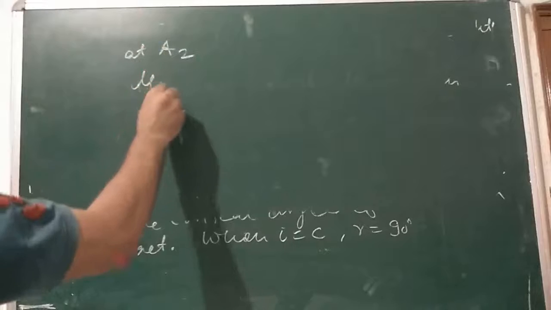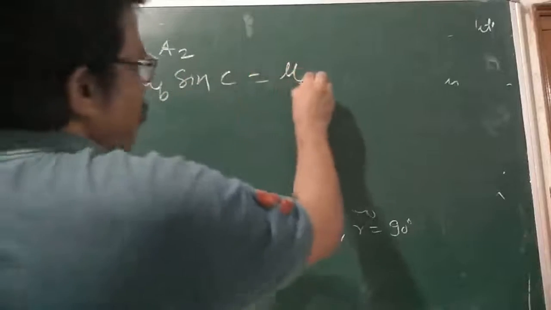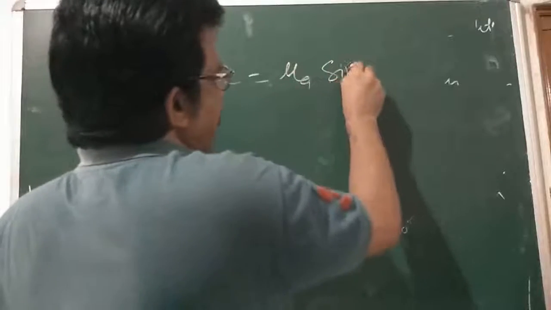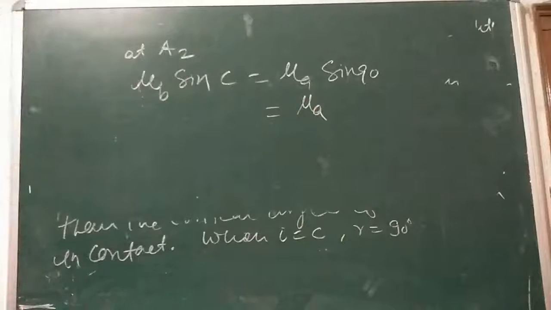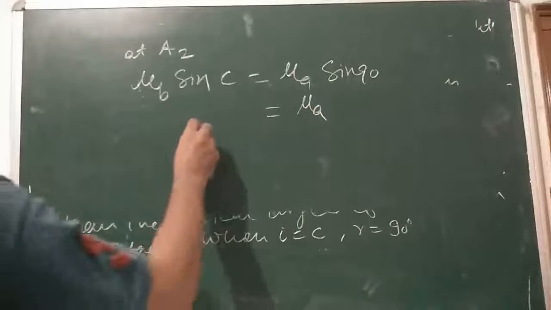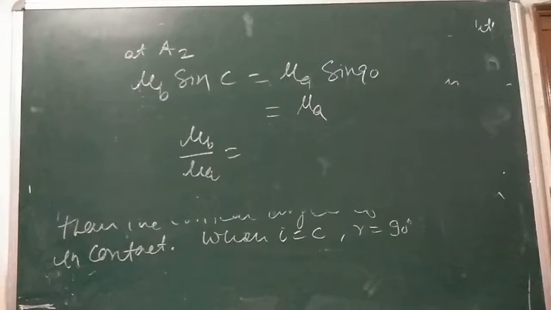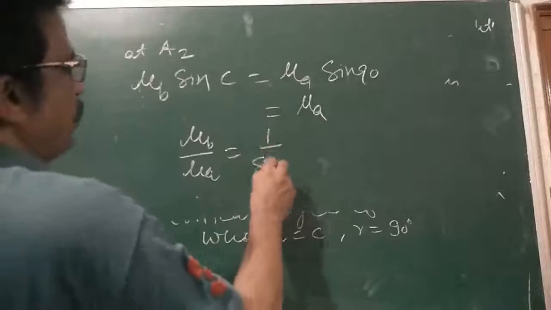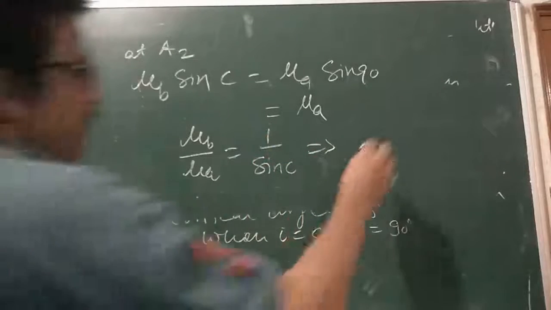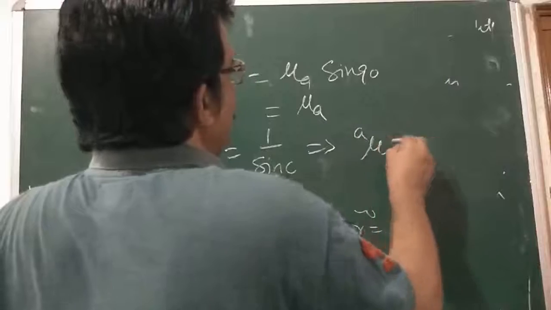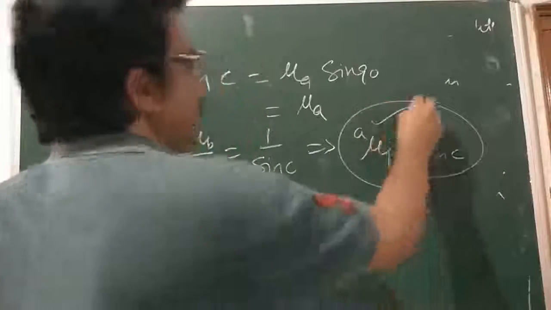Apply Snell's law: μB sin C is equal to μA sin 90, sin 90 is 1, so this is μA. So μB by μA is equal to 1 upon sin C. So the refractive index of B with respect to A is equal to 1 upon sin C. This is the formula. Write down.